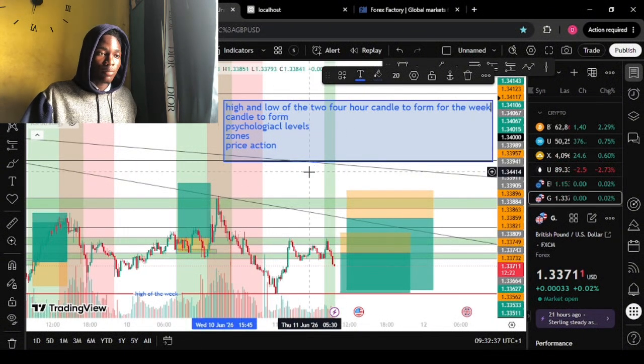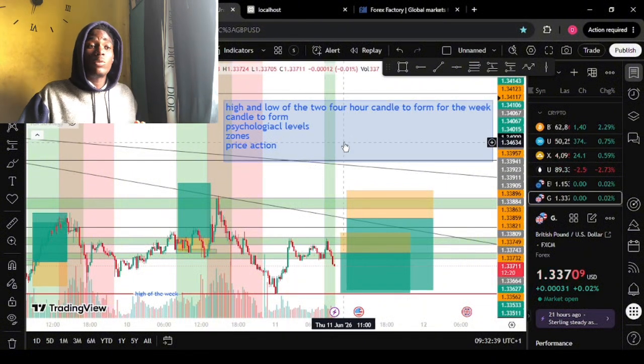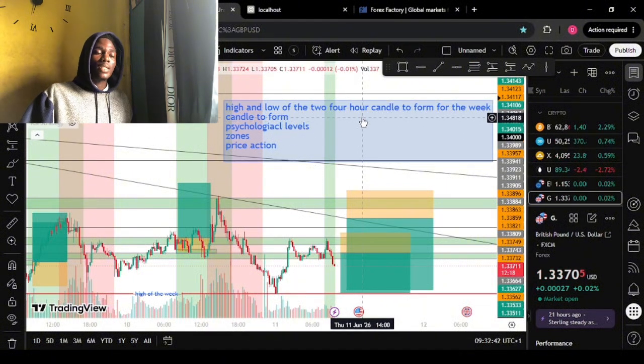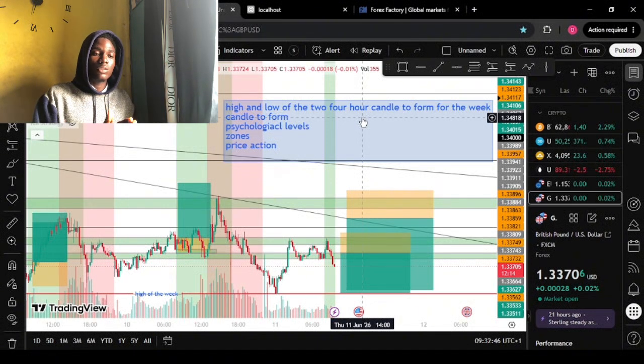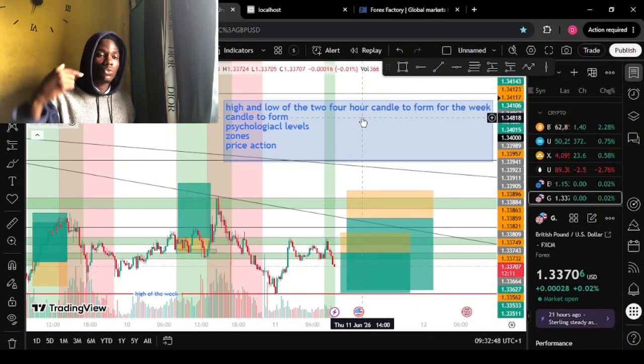Now that being said, that means the highest point and the lowest point of the first 24 hour candlestick. So I map out the high and also the low.